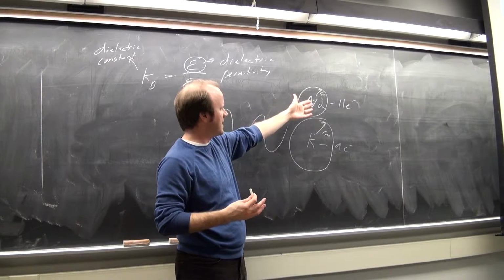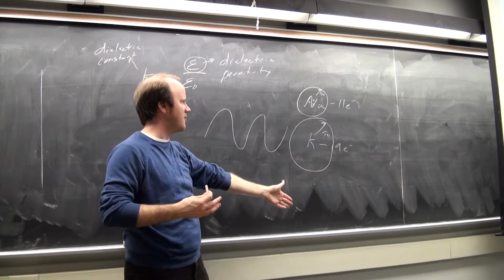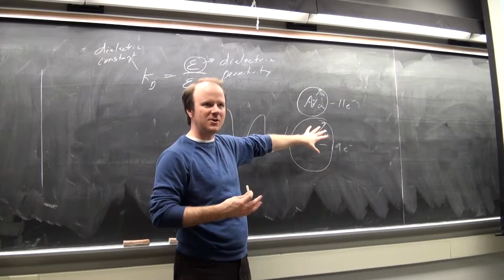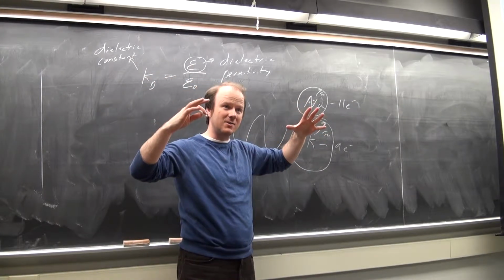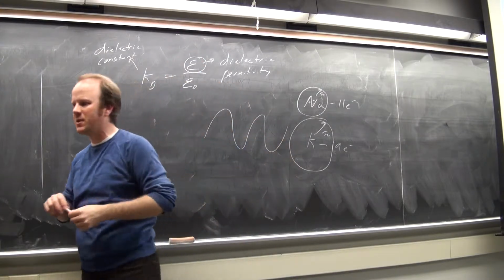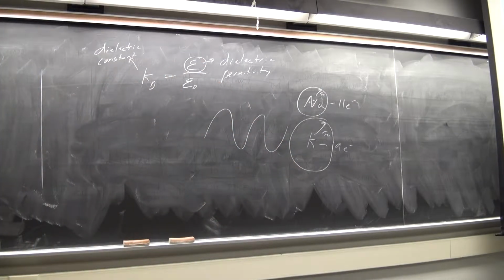They have the same number of valence electrons because they're in the same row, but there's more electrons around potassium. It's bigger, right? So the polarizability will go up. I think if you look at the equation for polarizability in notes 1, all right, notes 2.